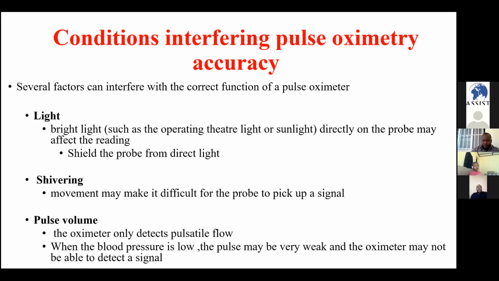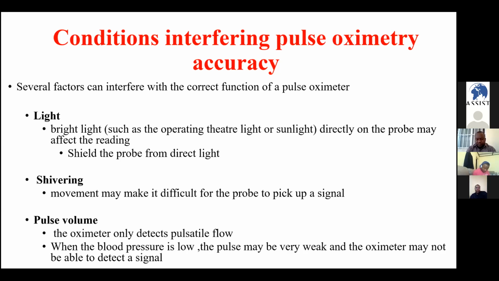Next slide. There are certain conditions that can interfere with the pulse oximetry reading accuracy, and one of the factors is light, like bright light, such as when you are opening the theater lights or with sunlight directly on the probe; they may affect the readings.